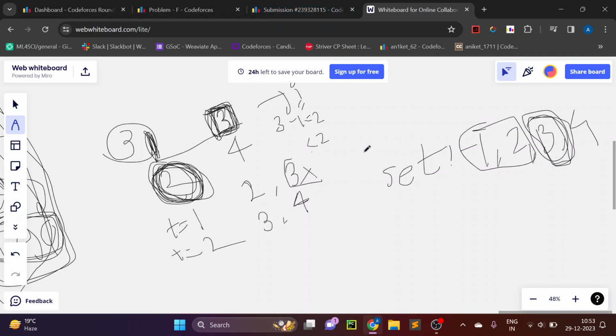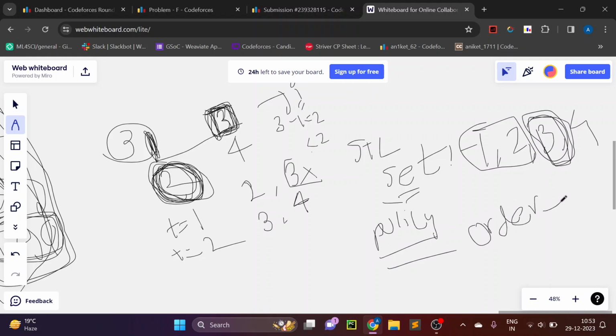So in the set provided in STL, what I have to use is a policy based data structure. So it is a tree based set, and this set also provides order of key function, which returns number of elements which are strictly smaller than a of I. So if I just print order st dot order of key of 3, it will print 2 as 1 and 2 are strictly smaller than 3.